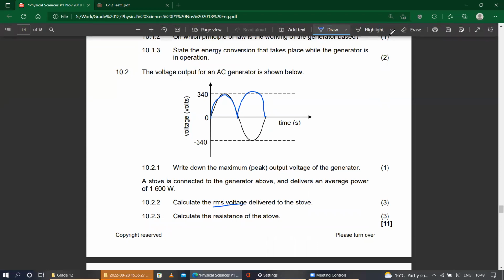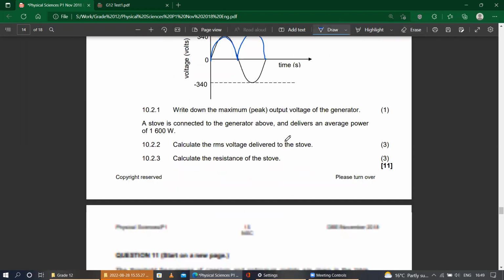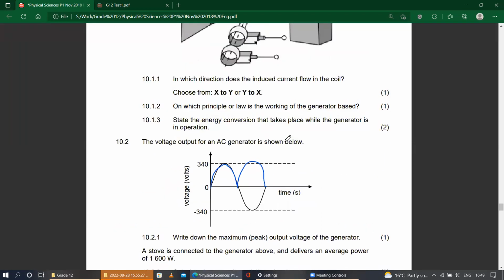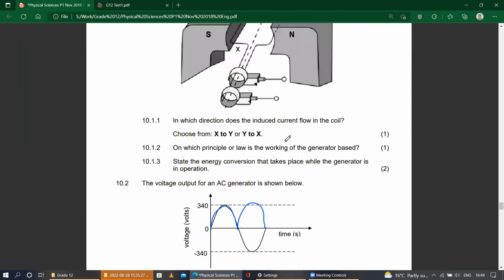But usually they're gonna give you all the equations that you're gonna need for generators and motors at the back. And another one is where you need to calculate the price of electricity. But calculating the price of electricity is very simple.